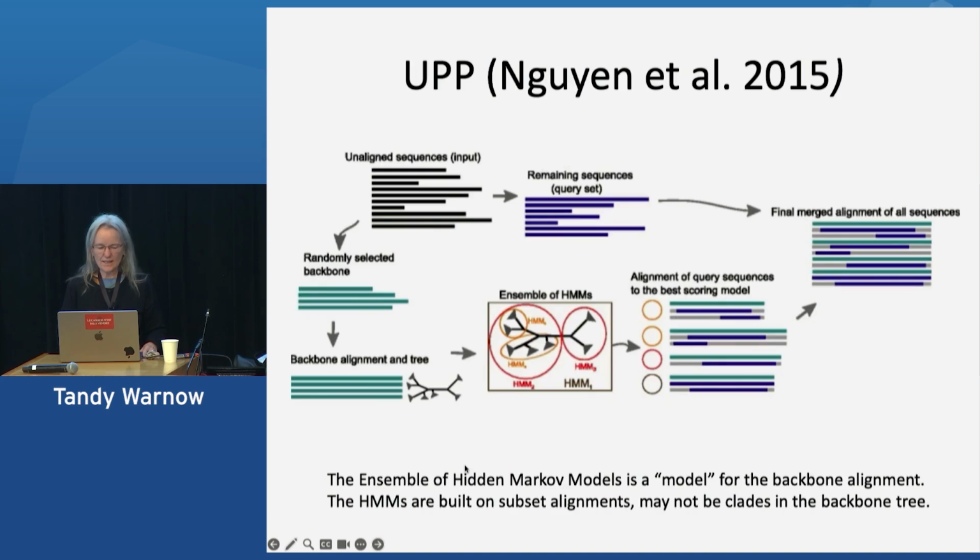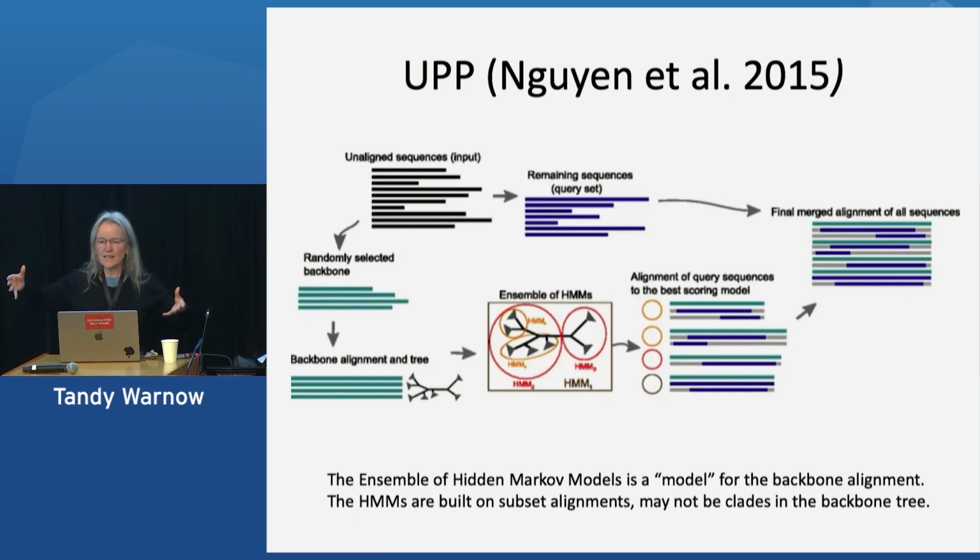And this is the picture. So you have all the sequences here. You divide into the sort of full length sequences, and you get an alignment and tree on it. You get the remaining sequences here. What do you do with this alignment and tree? You are going to take that tree and you're going to break it up into subsets. And the subsets are hierarchical.